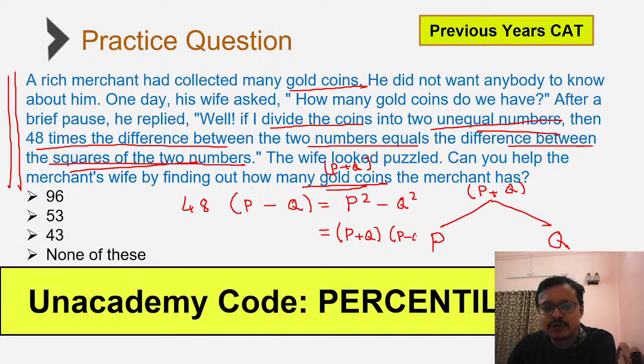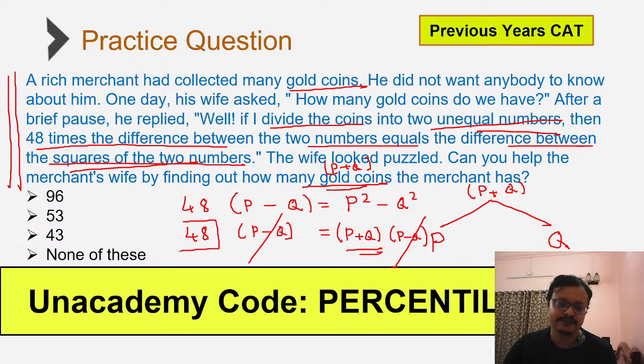P plus Q into P minus Q. This is equal to 48 times P minus Q. So we cancel this from the left hand side and right hand side. Then effectively what we get is P plus Q is equal to 48, which means the answer will be 48, that is none of these.